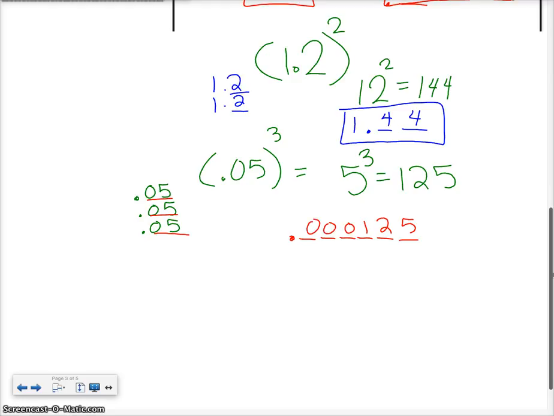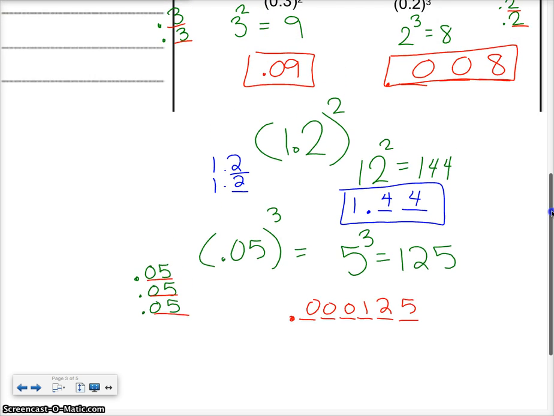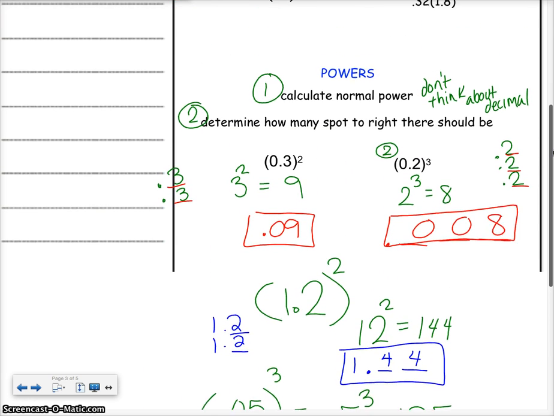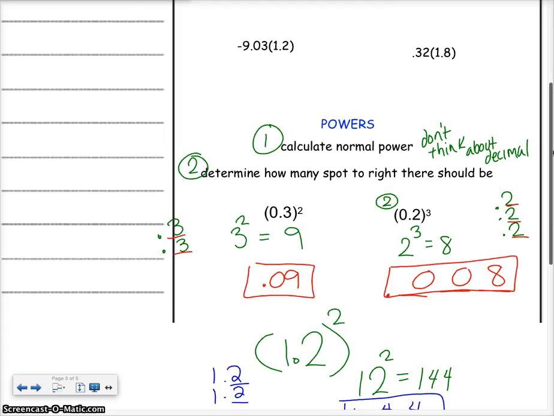So to summarize, in order to calculate decimal powers, your strategy is to first calculate your normal power, meaning don't think about the decimal. Second, you determine how many spots to the right there should be to the new answer. So if you notice, what I've been doing is little visuals to help me calculate.